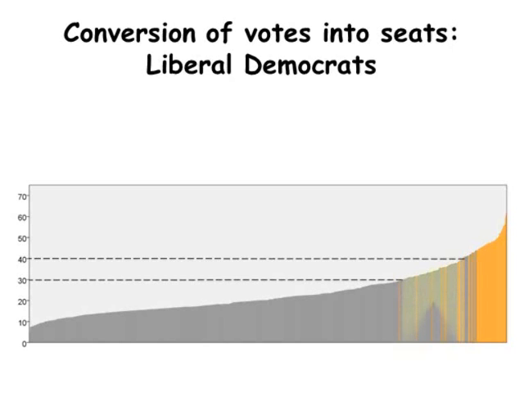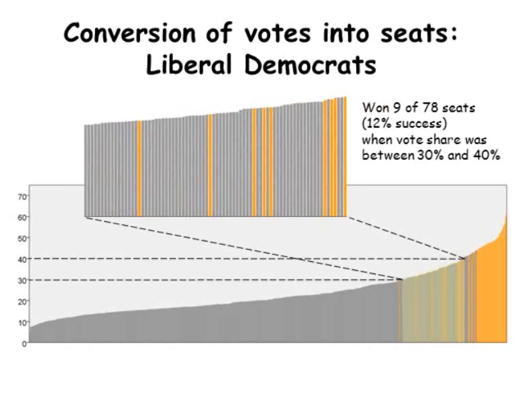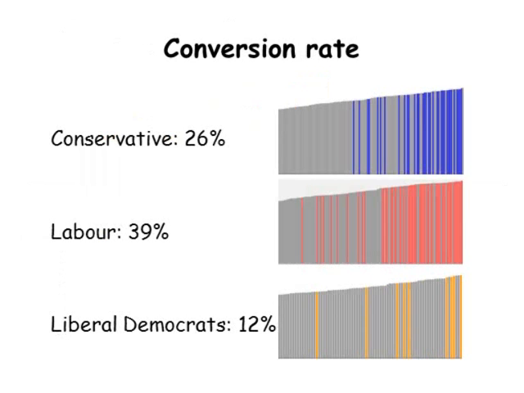We find the 30 to 40 category and we expand it and look in detail at it, and immediately you can see that they only won 9 of 78 seats, a 12% success rate. Just to recap and compare the three: Conservatives 26% conversion, Labour 39%, and the Liberal Democrats 12%. So this is not a very good vote distribution, and explains much of the outcome in terms of why a party should get a rather high national vote share but a rather low return in seats.